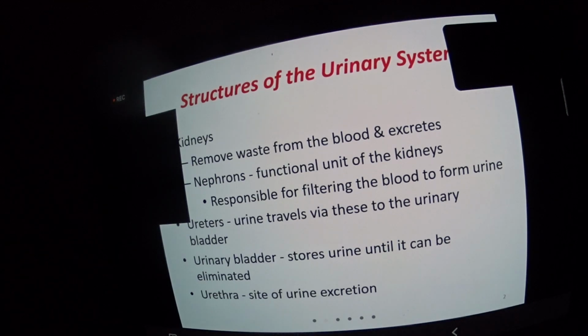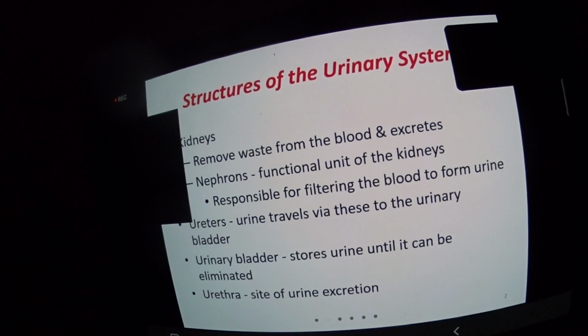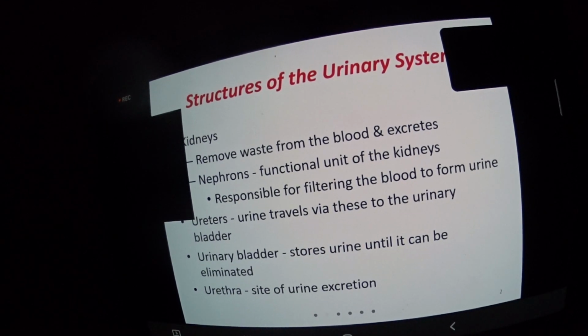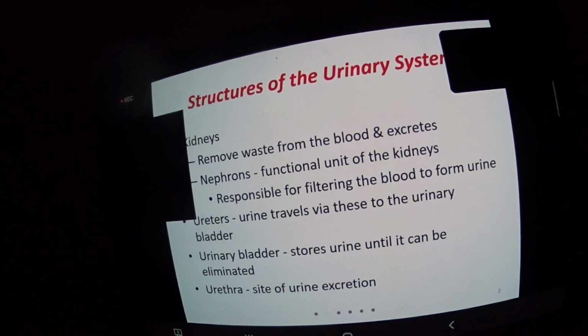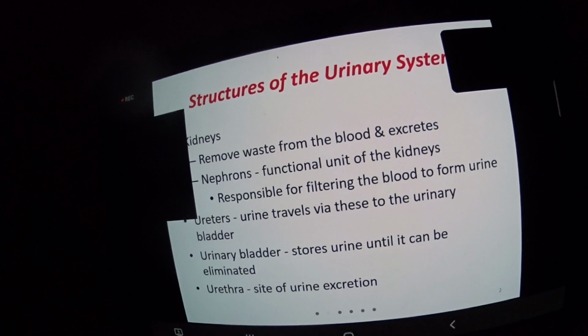As far as the normal flora, pretty much for both males and females, up to the urinary bladder, the urethra can be a site for normal flora, and the normal flora is most often the same as the normal flora that you find on the skin. As far as protective measures, there is the mucous membrane in all of the areas, mucus secretions, and protective enzymes that they may have, like lysozyme.